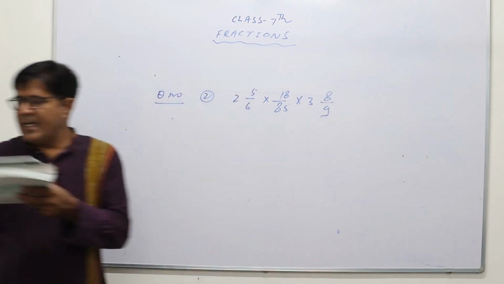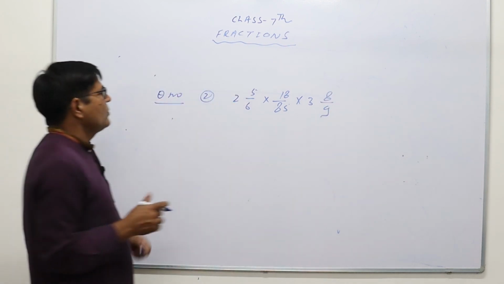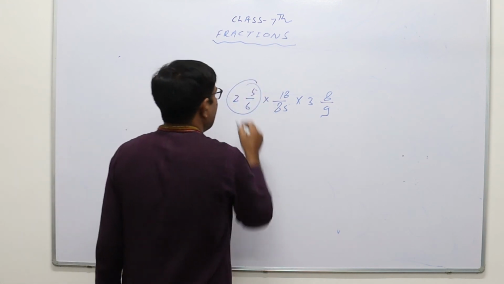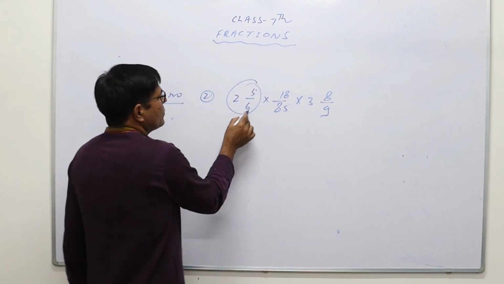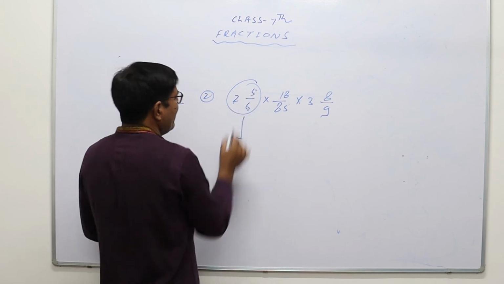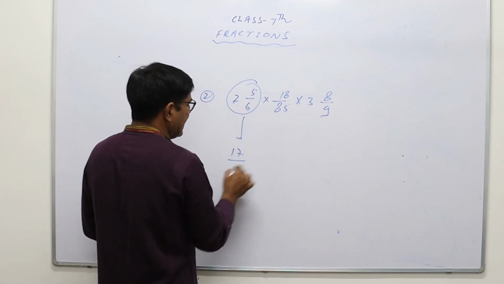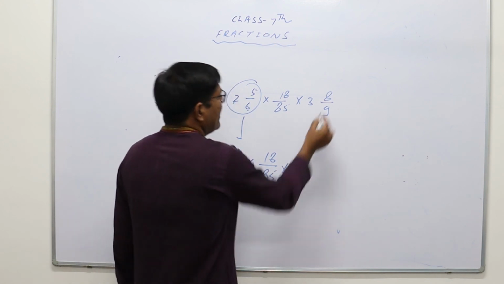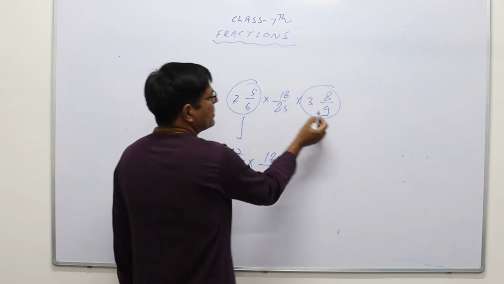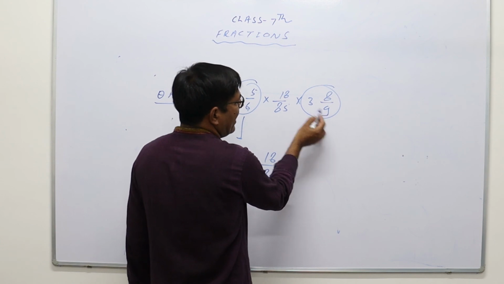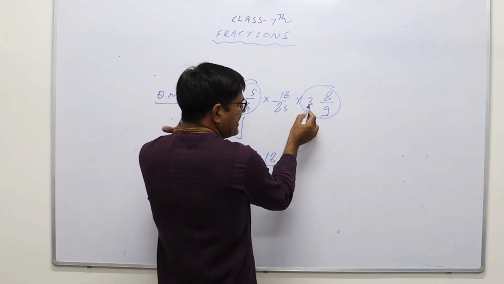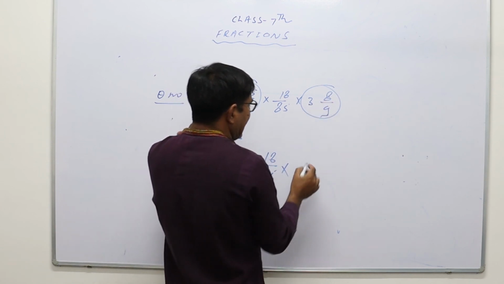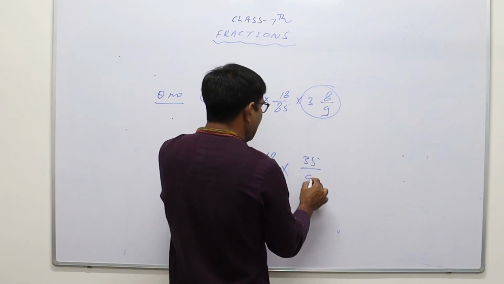So this is a little bit long expression. So first these mixed fractions will be converted into proper. So 6 twos are 12, 12 and 5, 17 upon 6 into 18 upon 85 into, here this is also a mixed fraction. So multiply 3 by 9. 9 threes are 27, 27 plus 8 that is 35 upon 9.